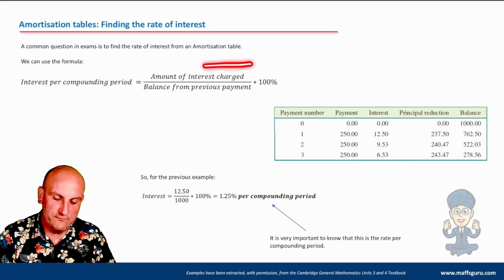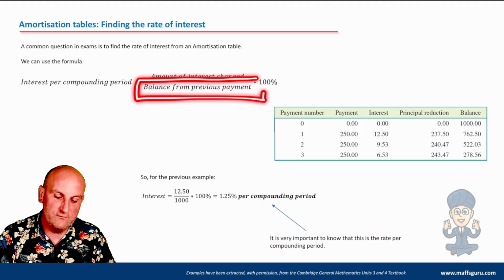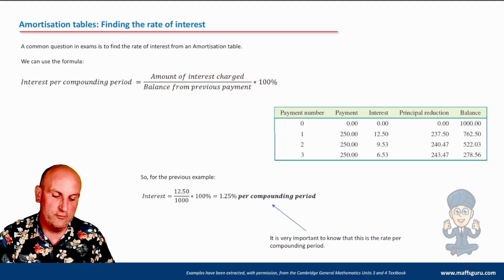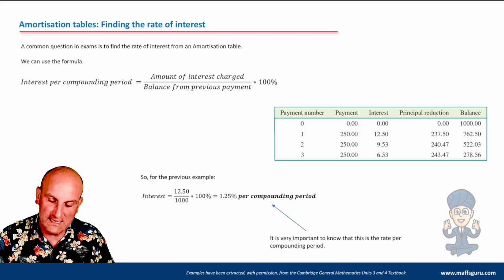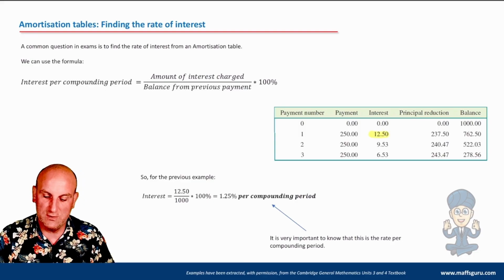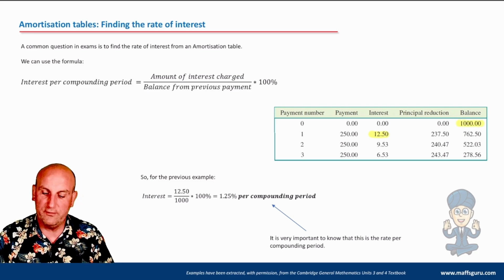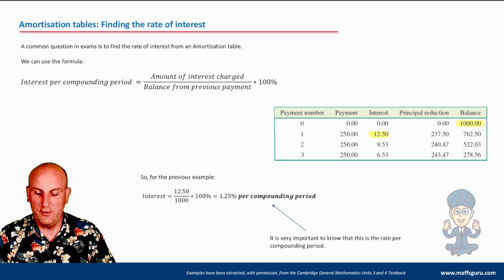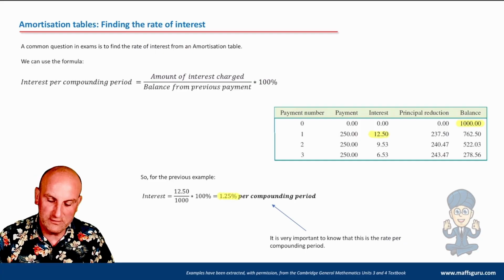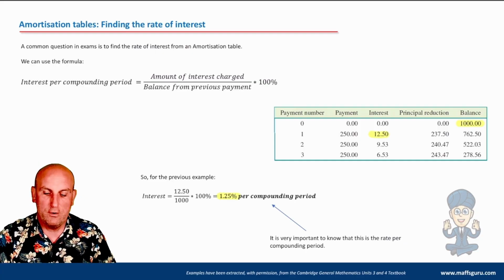Is equal to the amount of interest charged divided by the balance from my previous payment times 100%. So to work out my interest rate, I can take the interest I've been charged, $12.50, divided by the previous balance, $1,000, times 100%. And that gives me 1.25% per compounding period.